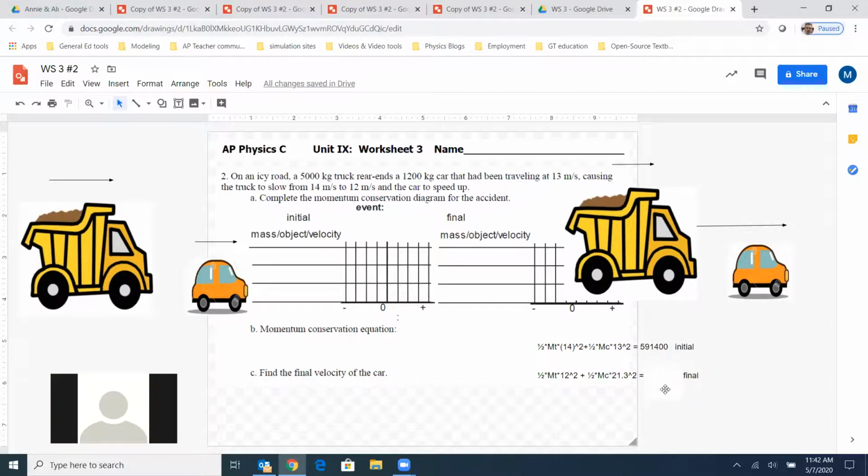I got 632,981.34. Okay. I just rounded a little bit. So I'm hoping other people check those out.